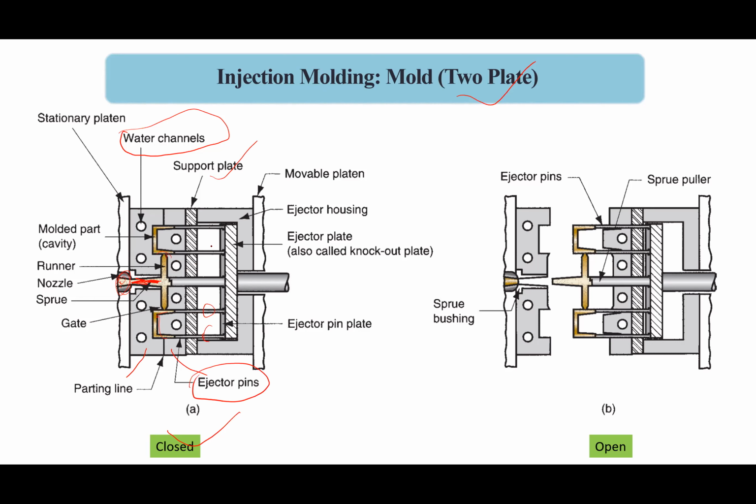These ejector pins, as I said in the previous slide, the part will stick to the movable platen because of the draft allowance. When the part is stuck to the movable platen, you need to have some releasing mechanism so that the part can be released very easily.